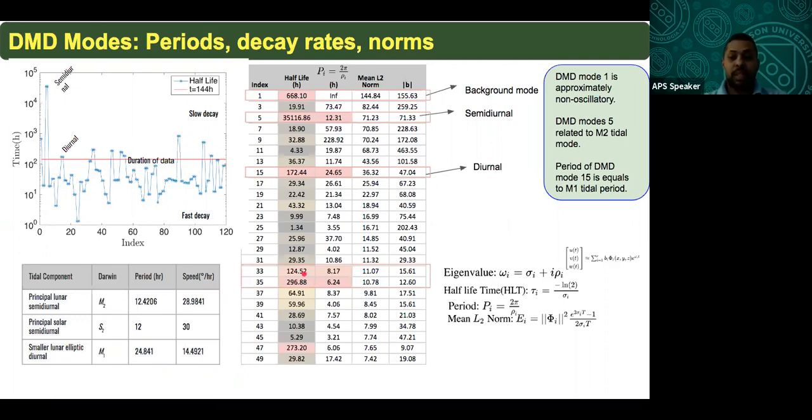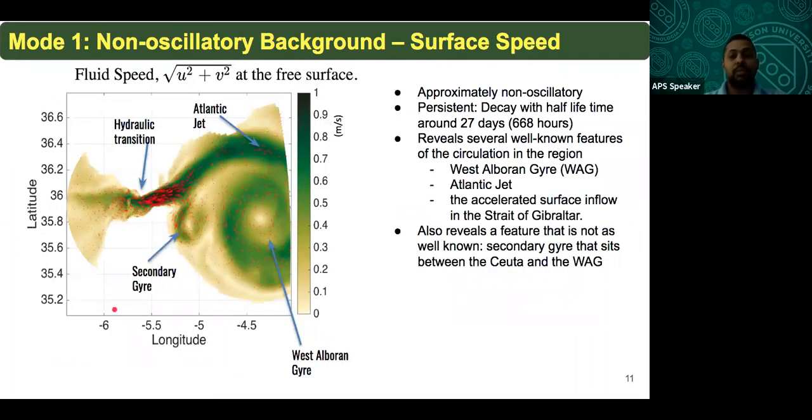And there are a couple of other modes we were interested in, like the harmonic of the diurnal mode and the harmonic of the semi-diurnal mode. Those also have a bigger half-life time.